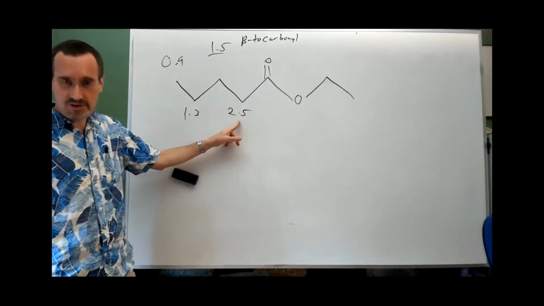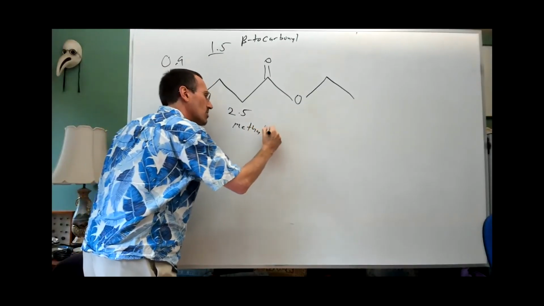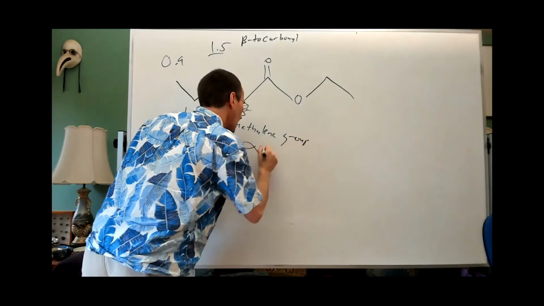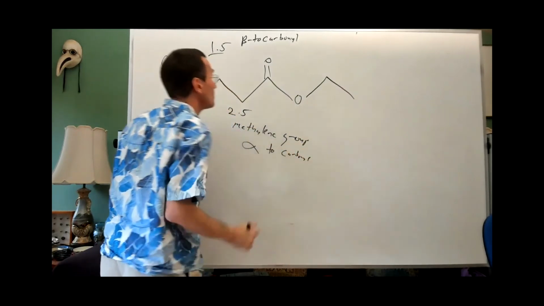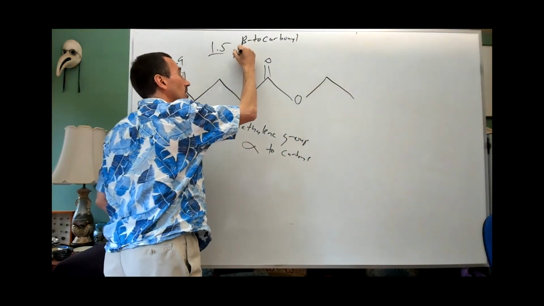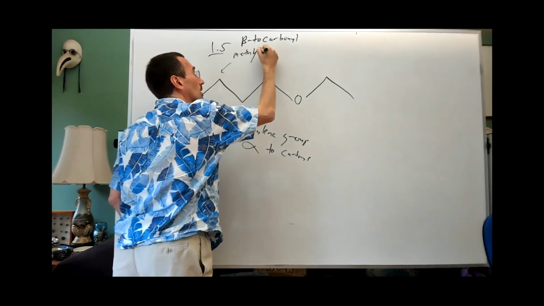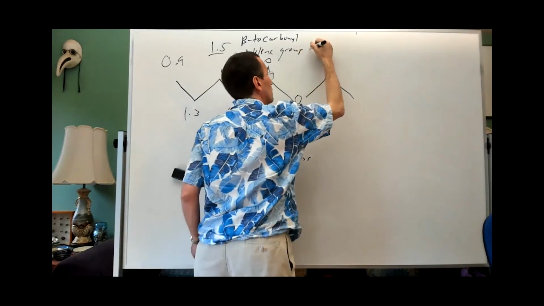So yeah, that's a good estimate. So to verbalize it, it's a methylene group alpha to a carbonyl. And just to put a finer point on the previous one, it's a methylene group beta to a carbonyl.